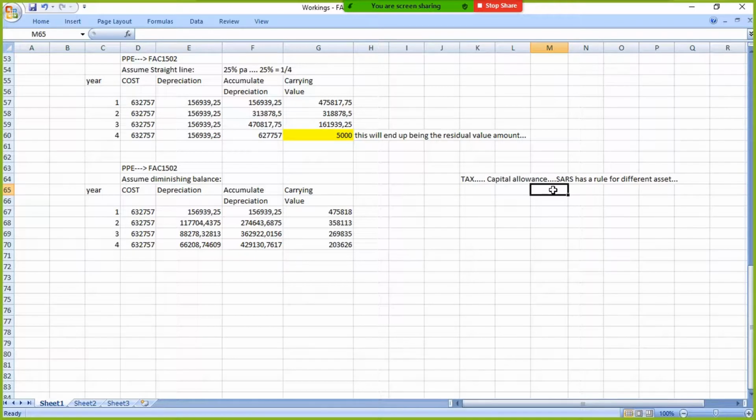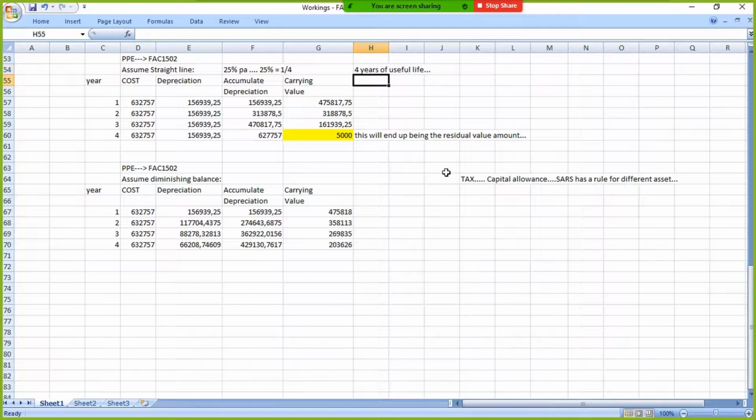If it's a laptop, you can write it off over 3 years. If it's a machine or if it's a vehicle, you can write it off over 4 years or 5 years. There are different periods to write off those assets. So they're just giving us 25% as the percentage that needs to be written off each year. But obviously the 25% would have come from 4 years of useful life.